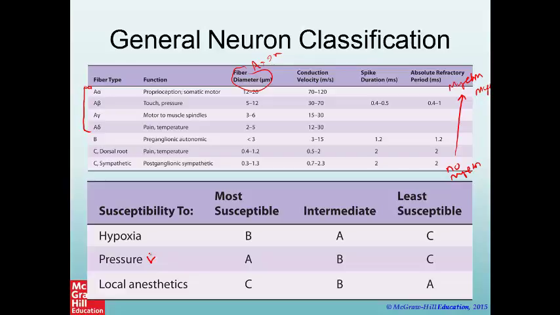And the fibers that are most susceptible to pressure stimuli are the largest fibers, the A fibers, which is why when you bang your elbow, the thing you're going to get as a stimulus is going to be that tingling.